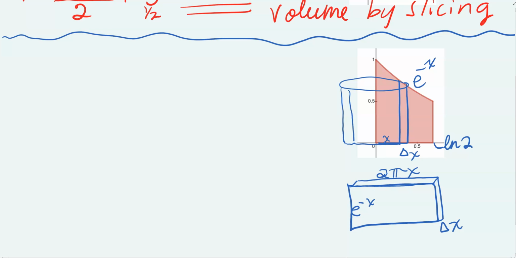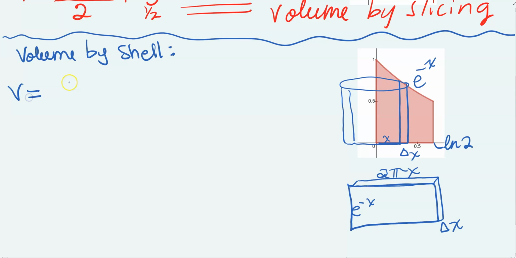So then the volume by shell is equal to the integral from 0 to ln of 2 of 2 pi x times e to the negative x dx.